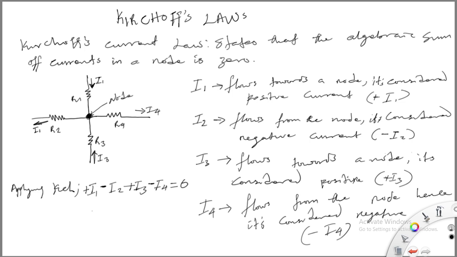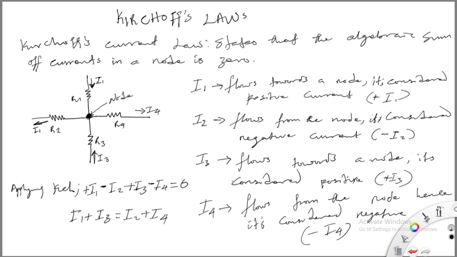Taking those going inward to the same side, I1 plus I3 is equal to I2 plus I4. This is basically what KCL is all about.